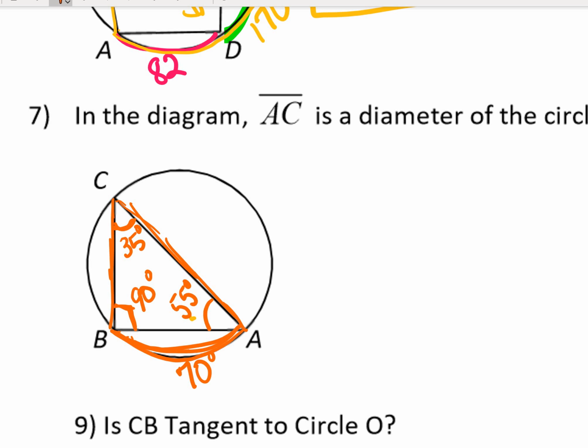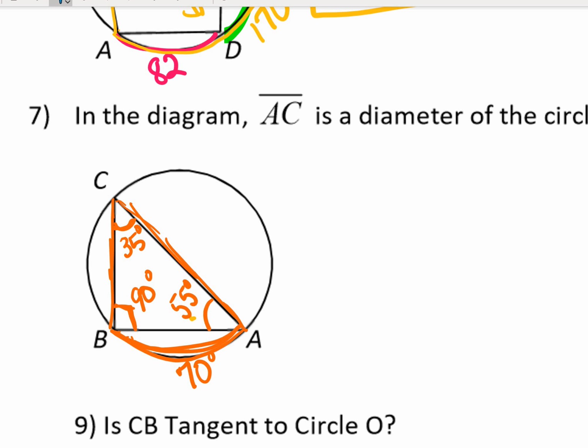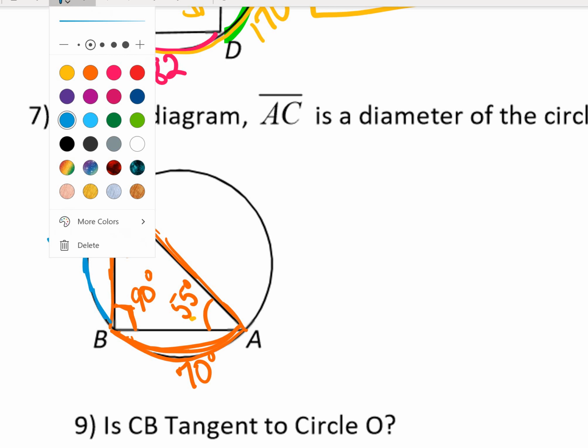All right, now there's another way you could have worked this problem, just in case you want to see a different way to do it. Let's go in blue. You could have also worked this by, they gave us 55, and its intercepted arc is 110, right? Because that's double.